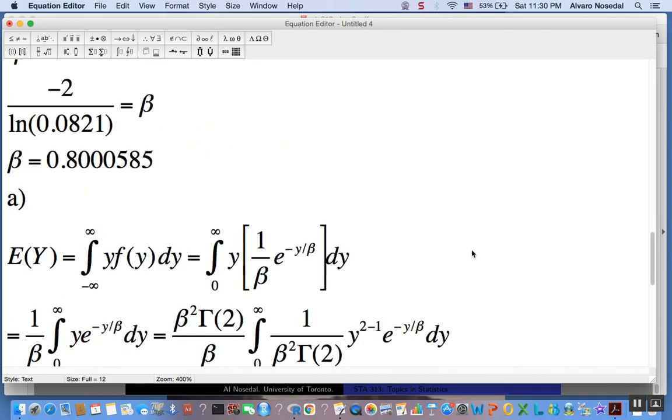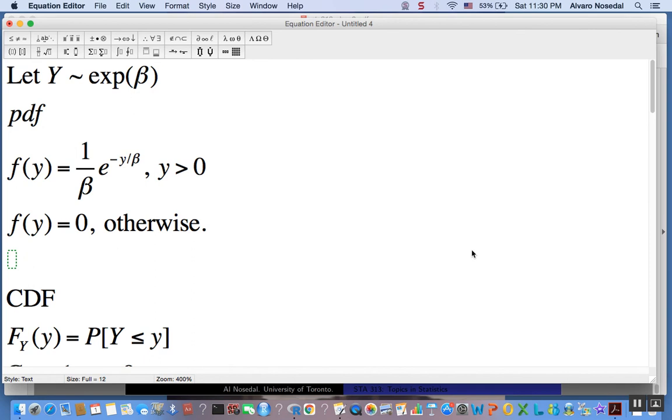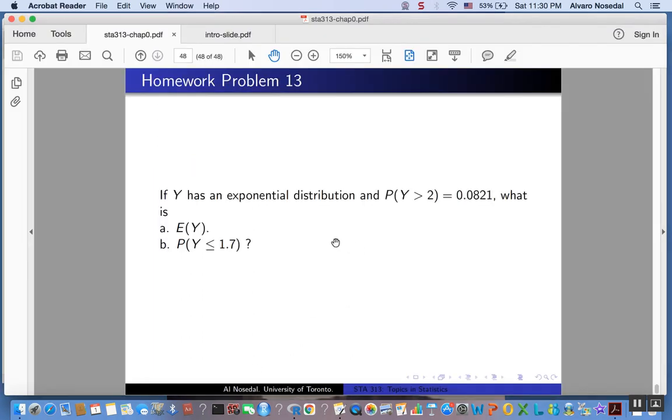Okay, let's summarize what we did. In this case, we were interested in solving a problem that had to do with an exponential distribution, a random variable that was exponentially distributed. Beta was not given, but we had this as our initial information.